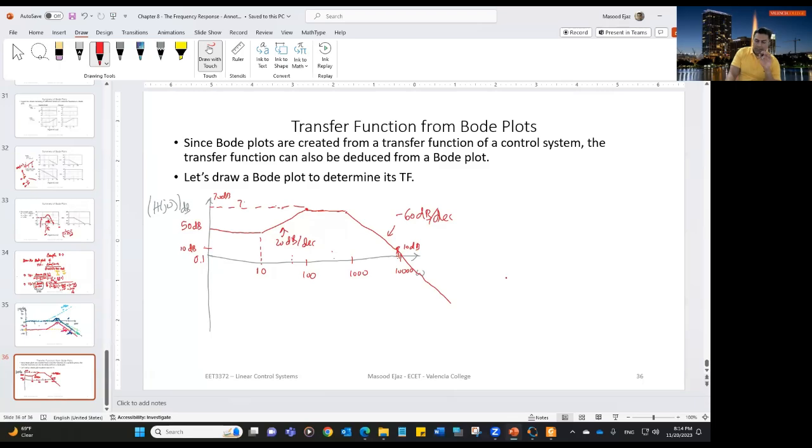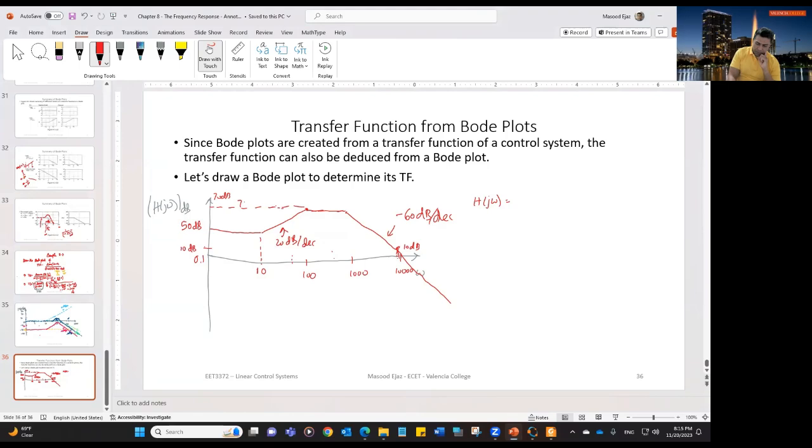Okay, so if this is your Bode plot, and I ask you, so what will be your transfer function for this? How are you going to write down the transfer function for this? So H of j omega. 50 decibel.